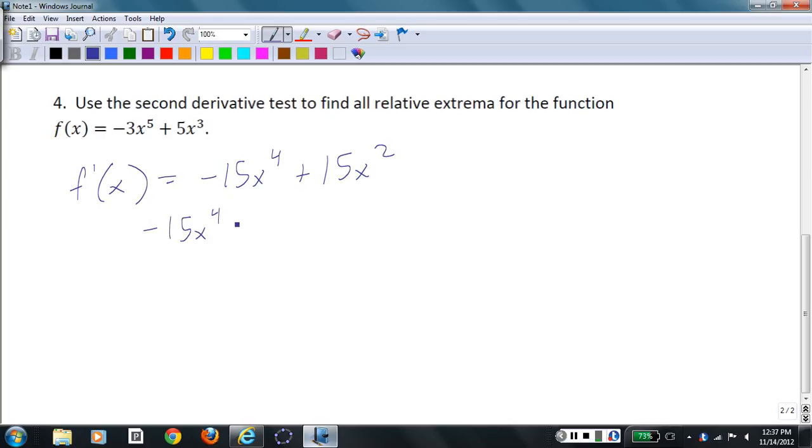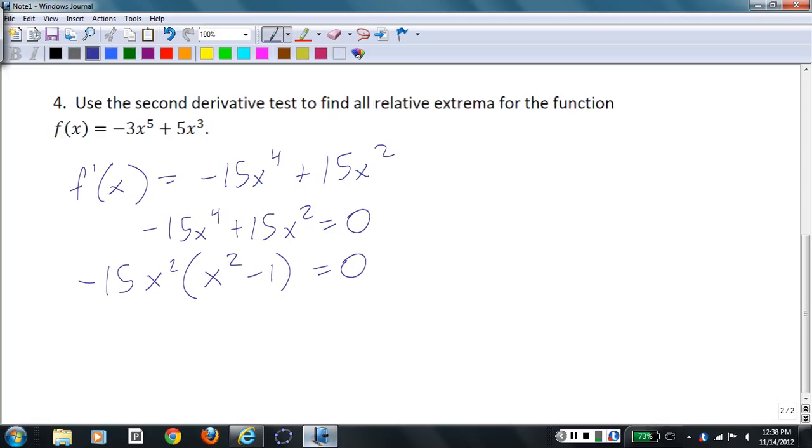No points of non-differentiability for this polynomial, but maybe a couple, maybe more, where it actually does equal 0. Now how about negative 15x squared? Factor that out. And so we'll have x squared minus 1. Look okay?